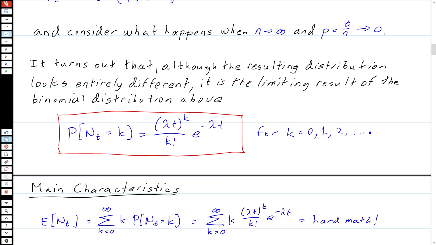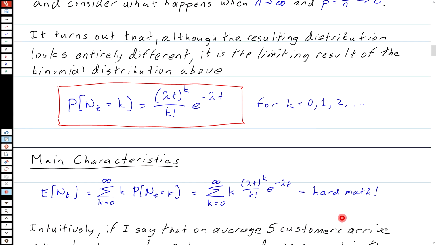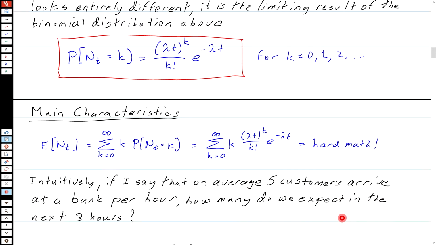There's an infinite number of trials in any time interval t, so this could conceivably go to infinity. What that means is that the expected value of N_t is the sum over all possible values of k, from 0 to infinity, of k times the probability that N_t equals k. And that gives me k (lambda t) to the k over k factorial e to the minus lambda t. And that's an infinite sum as well, so that's a difficult thing to solve.